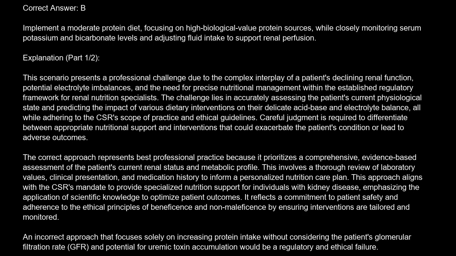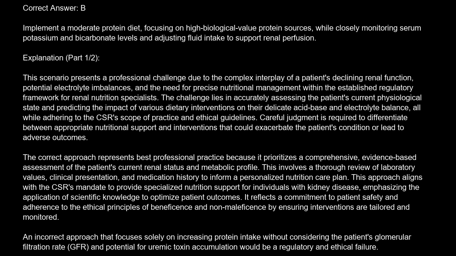Correct answer is B. Implement a moderate protein diet, focusing on high biological value protein sources, while closely monitoring serum potassium and bicarbonate levels and adjusting fluid intake to support renal perfusion. Explanation. This scenario presents a professional challenge due to the complex interplay of a patient's declining renal function, potential electrolyte imbalances, and the need for precise nutritional management within the established regulatory framework for renal nutrition specialists.